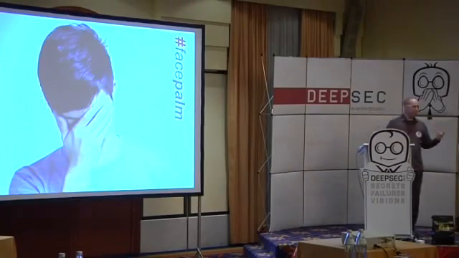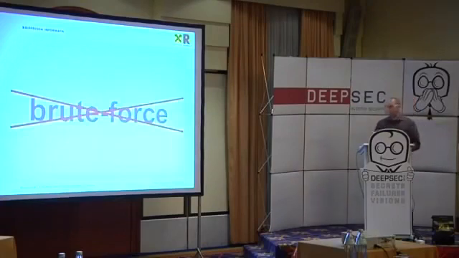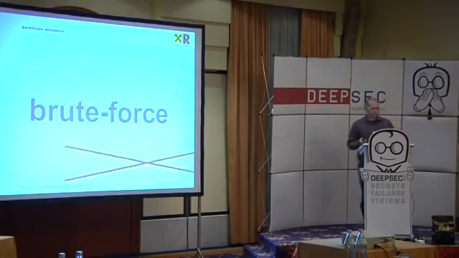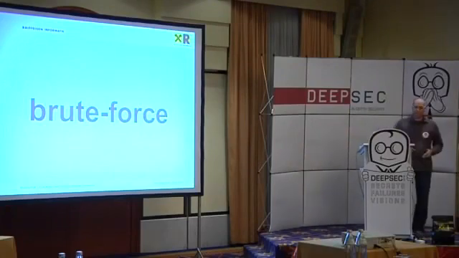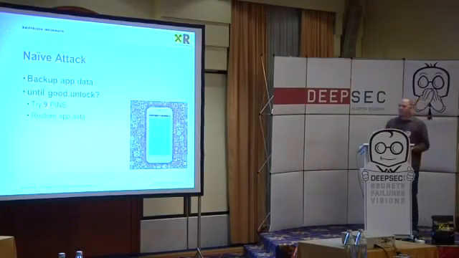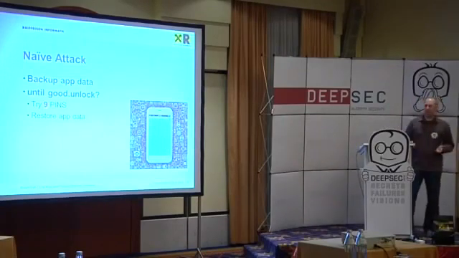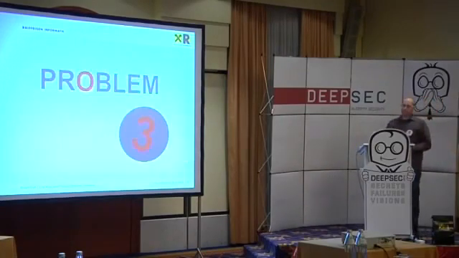And then restore, and try 9 times again. So suddenly this whole brute force thing becomes perfectly feasible. Using ADB restore to back up and restore the data, it's great. You back up the data until Good is unlocked, try 9 pins, restore app data, repeat until true. Simple as that.